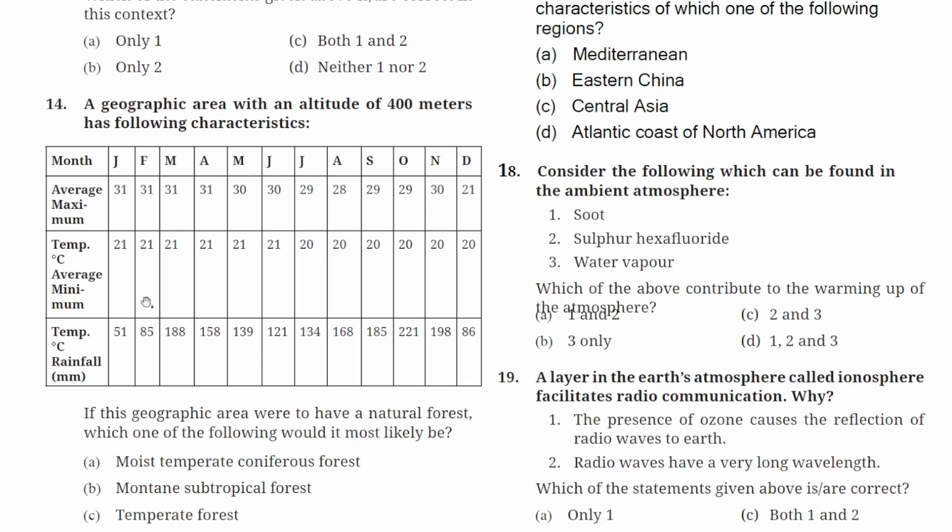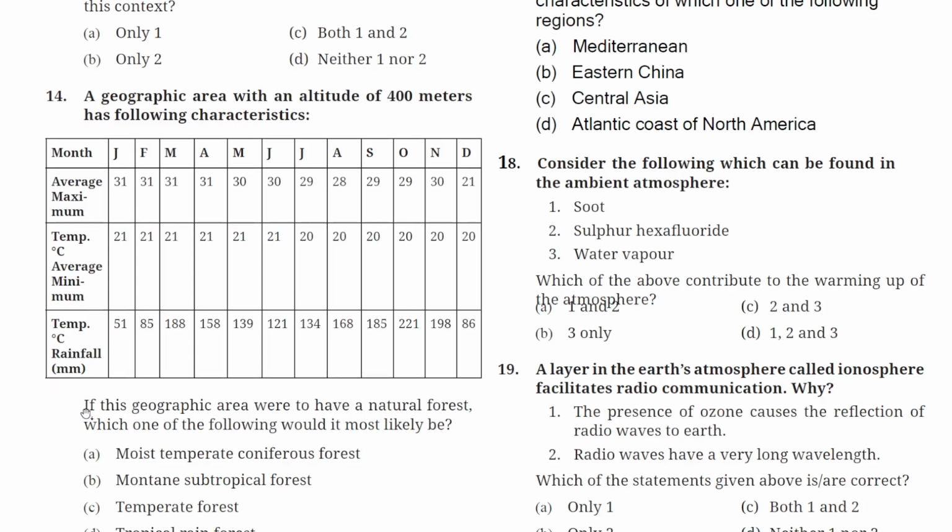So by seeing the average maximum and minimum temperature and rainfall in different months, what is the type we have to identify here? If this geographic area were to have a natural forest, which one of the following would it most likely be? So you can see the rainfall is high.